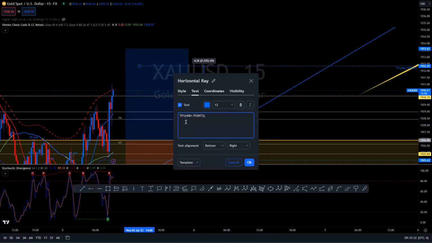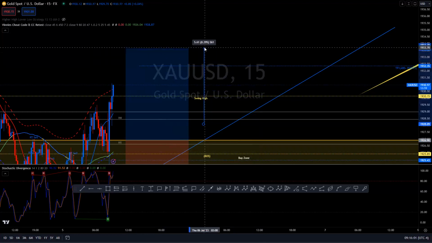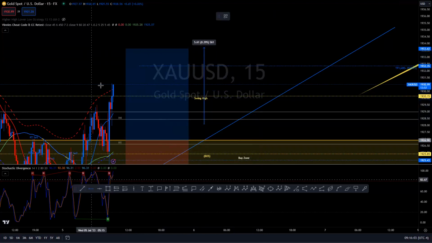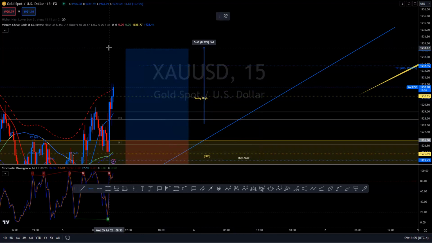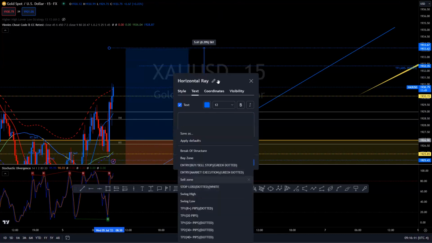Price wants to continue to buy up, but it's probably going to pull back first. So that's why I'm going to wait. And then ultimately, this is TP2, which is 500, I would say 500 plus points.